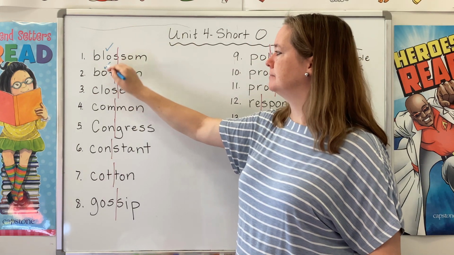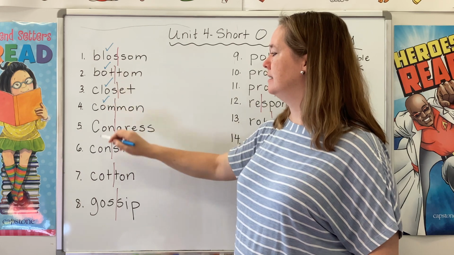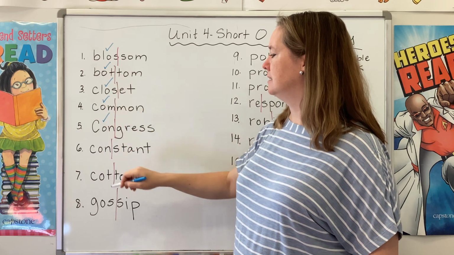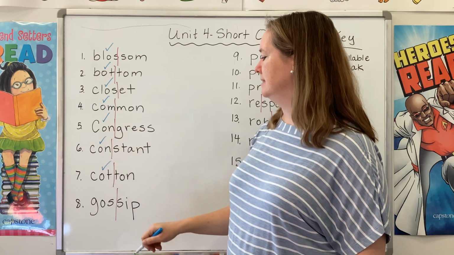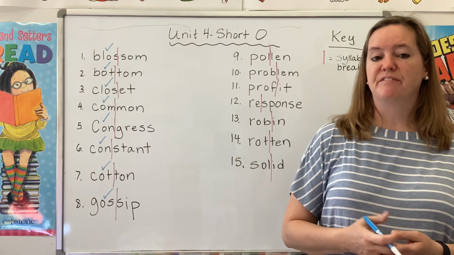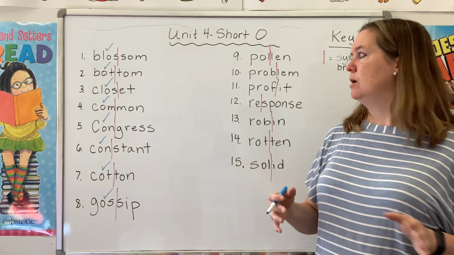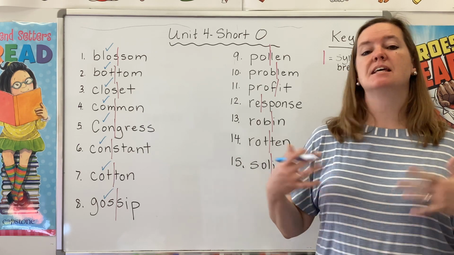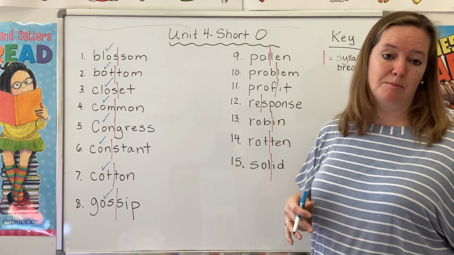Bottom, closet, common, Congress, constant, cotton, gossip. Notice so far it's always our first syllable. That's not the case in the whole English language, but when I put together this list, I was focusing on words that had the first syllable stressed.